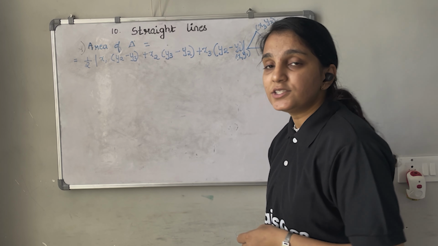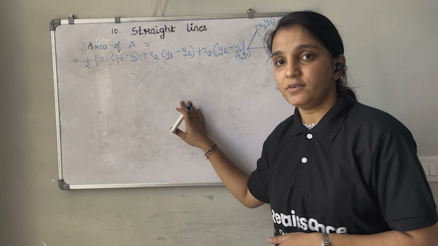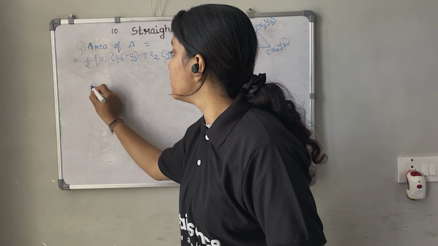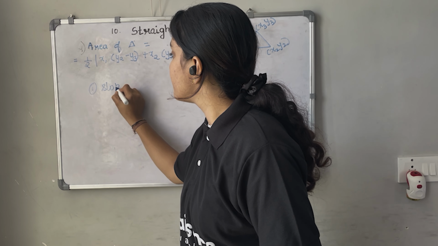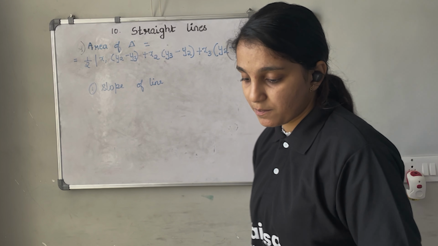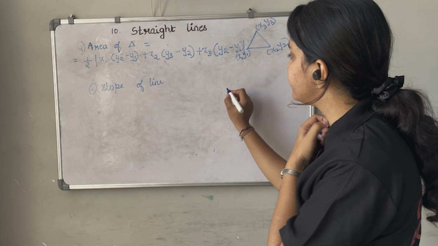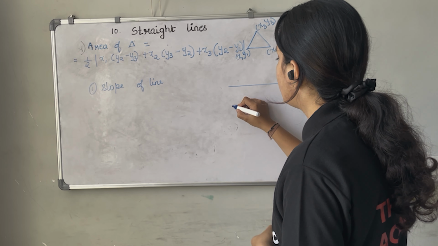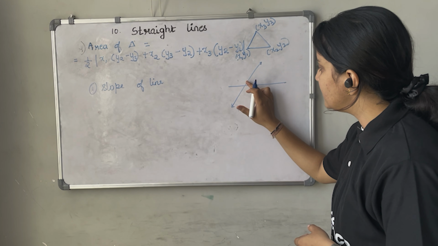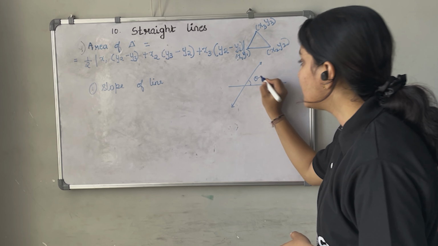Then the next concept which we are going to see now in 11th standard is the slope of a line. Now suppose you have a line, and another line is intersecting this line, making an angle theta over here.